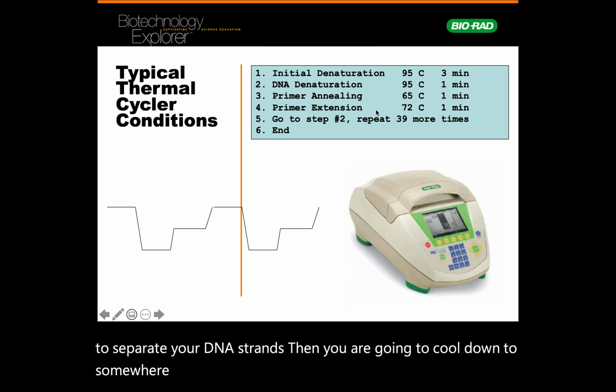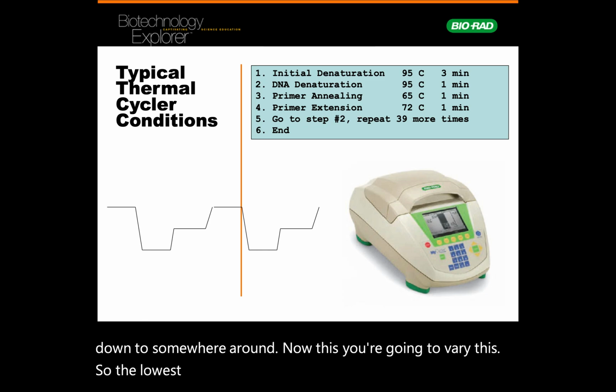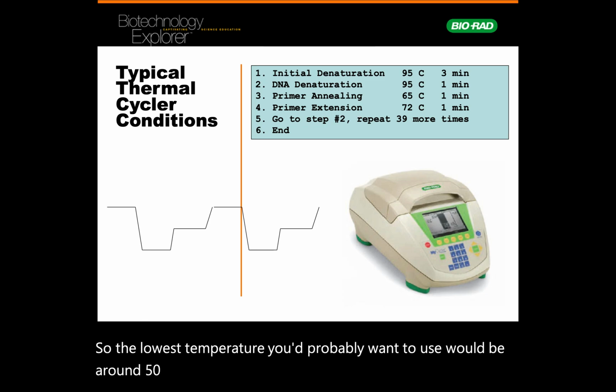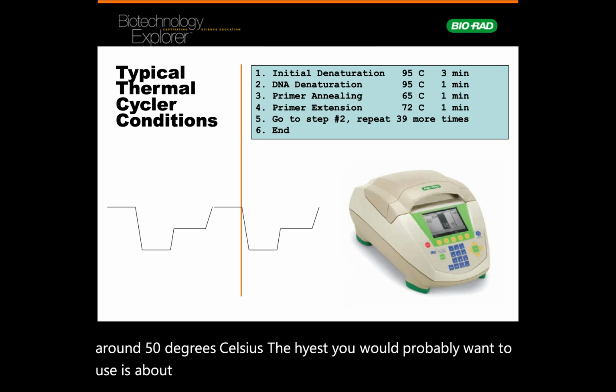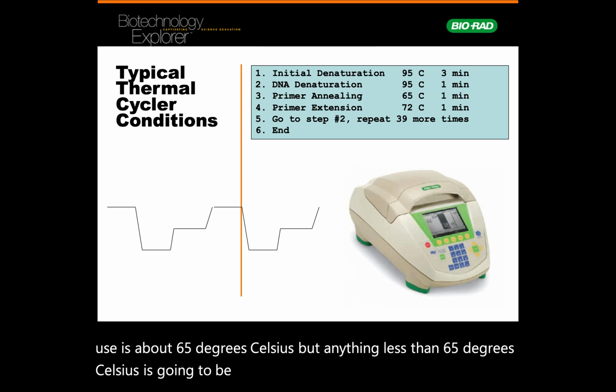Now this, you're going to vary this. So the lowest temperature you'd probably want to use would be around 50 degrees Celsius. The highest you would probably want to use is about 65 degrees Celsius. But anything less than 65 degrees Celsius is going to be a temperature where your Taq polymerase does not work.